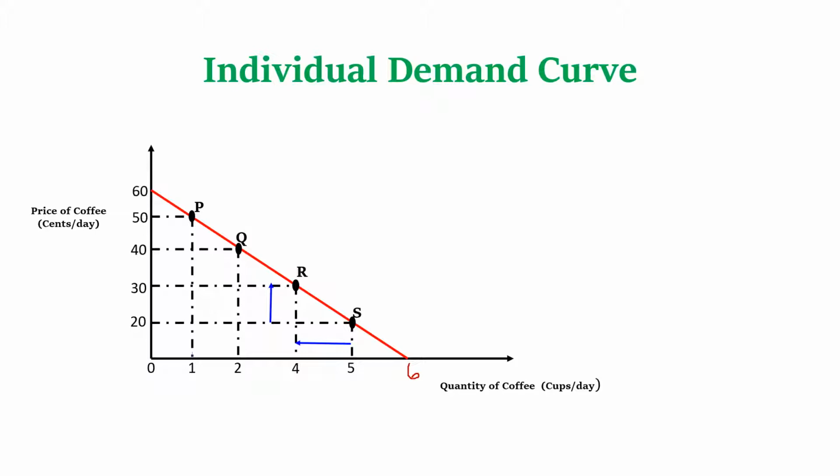So if it is 0 cents, then the consumer is going to buy 6 units, right? That is to say, if the coffee is offered for free, there is no commanding price there. So the consumer is going to acquire 6 cups, right?